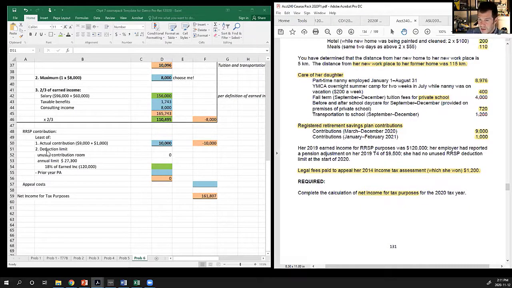So here's her deduction limit for 2020. She has 0 unused contribution room. The annual limit is $27,300. It's the lesser of these two things now, right?